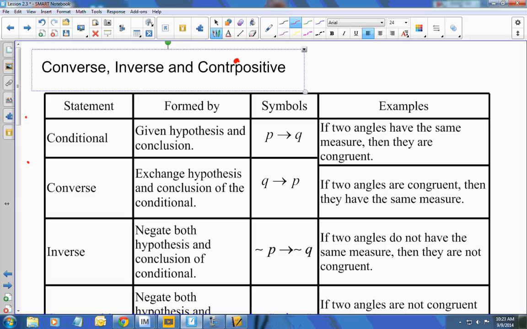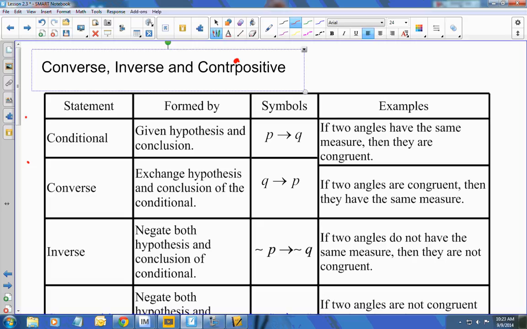That's a conditional statement. If I take and exchange the hypothesis and conclusion, I flip them, and I do if Q, then P, that's called converse. So what I do is I flip-flop the hypothesis and conclusion, and now my statement reads, if 2 angles are congruent, then they have the same measure.